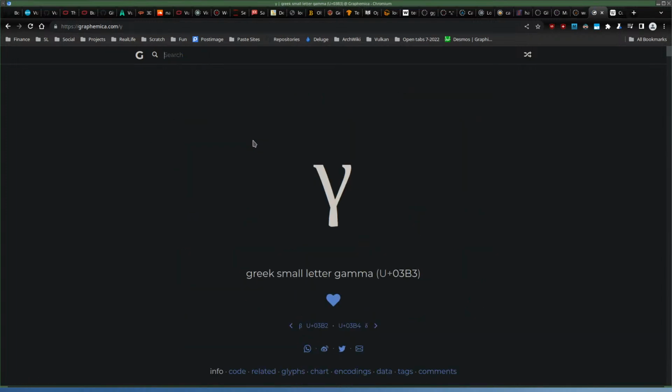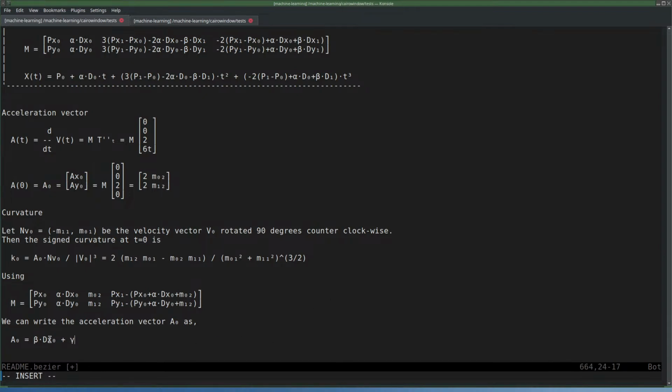Am I overusing these things now? No. Beta times that plus gamma times the normal of that thing. Just going to write that as n0.